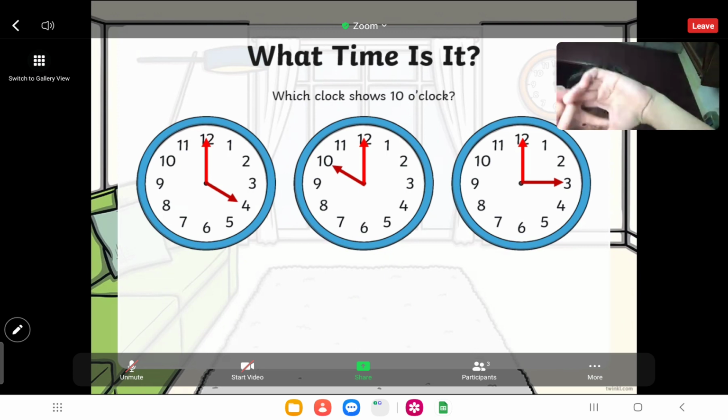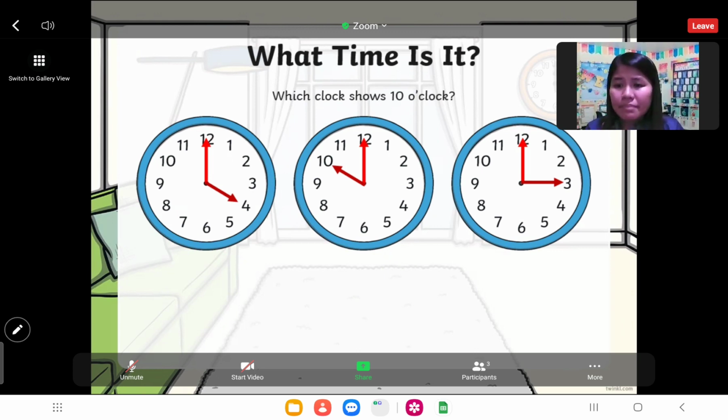B. B. Okay. Why B? Because the shorter arrow is pointing at 10 and the longer arrow is pointing at 12. So therefore, this clock shows 10 o'clock. Okay, Mai?